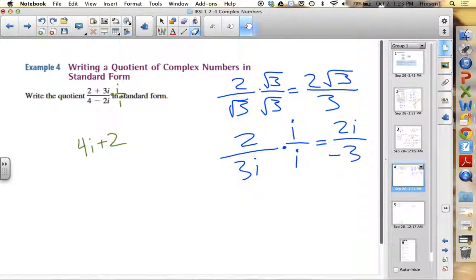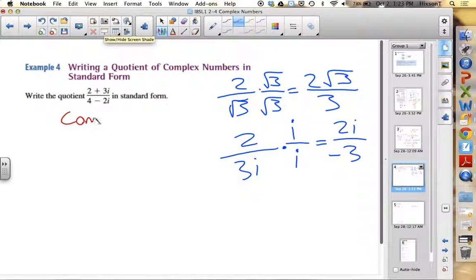Okay, good. And does anyone remember what that's called? The complex conjugate.